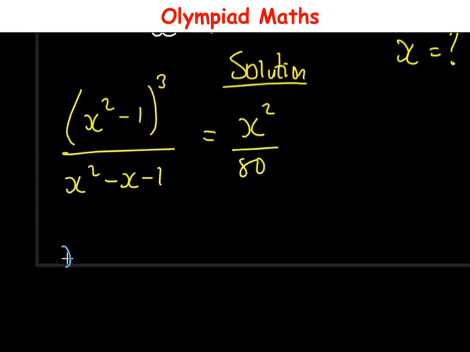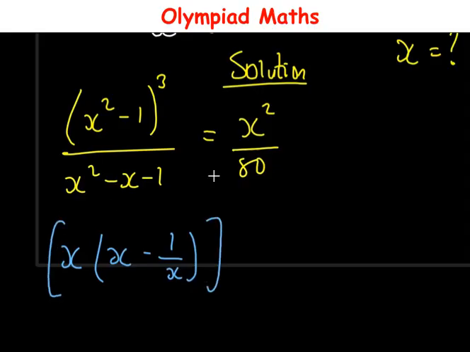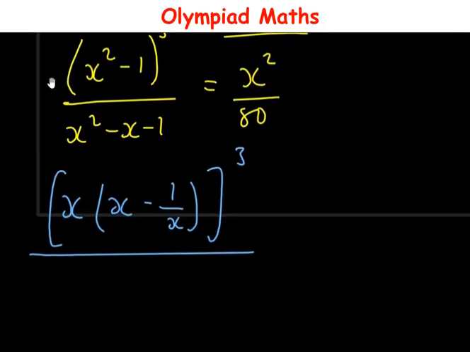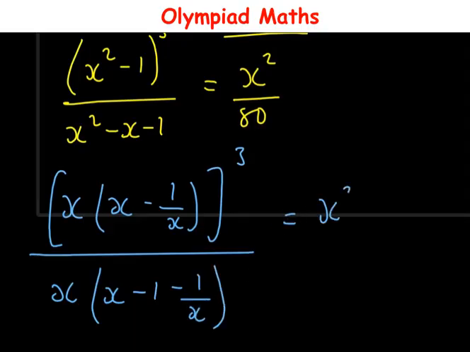So we have x times (x − 1/x), all of this raised to power 3, then divided by, also with the denominator, factorize out x. We have x times (x − 1/x), and this equals x² over 80.